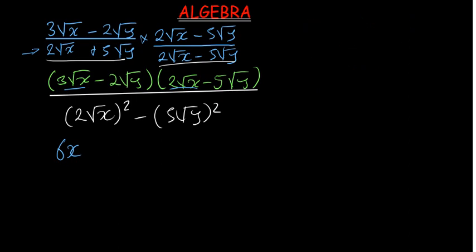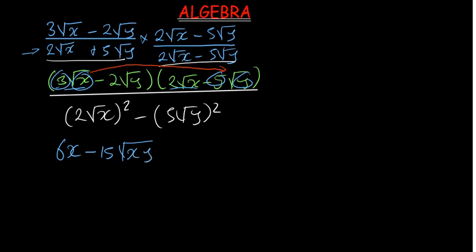So what else are we going to do? Now we multiply this same term by the second term. The first is positive and the second is negative, so it will be negative. 3 multiplied by 5 gives 15, and we have an x and a y, so you're going to have 15 root xy.